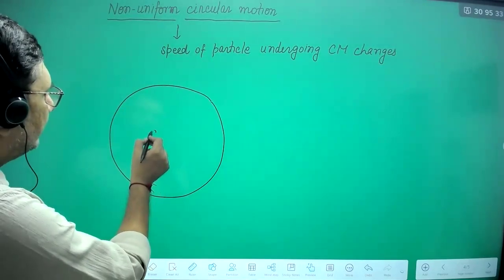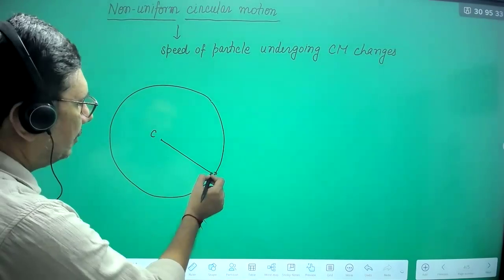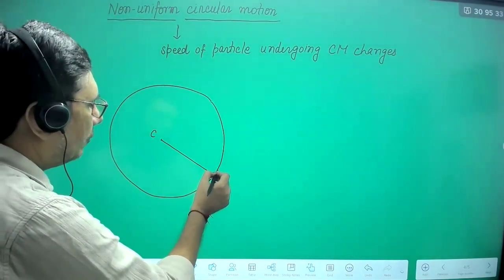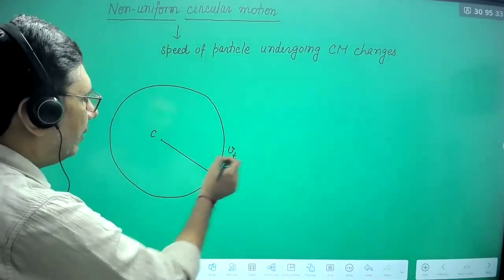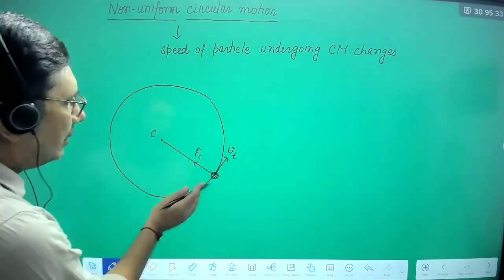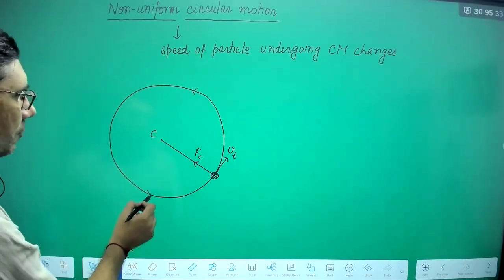This is the center here, and suppose here is your particle. It is undergoing uniform circular motion. Its velocity at that moment was here. This was Vt. One force was here, and this force was responsible for this uniform circular motion.